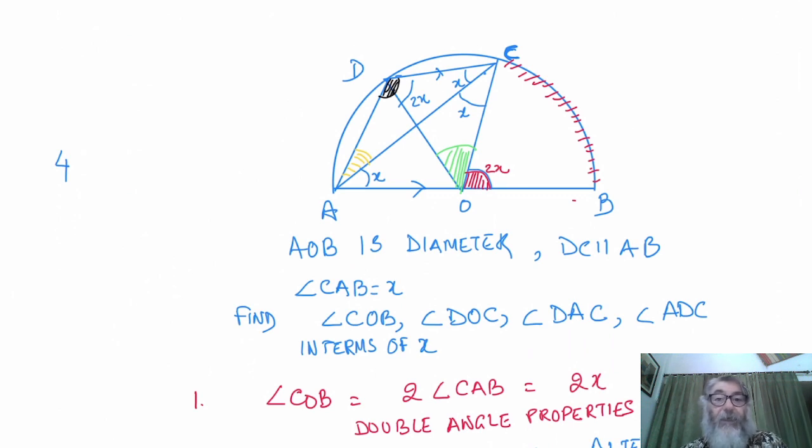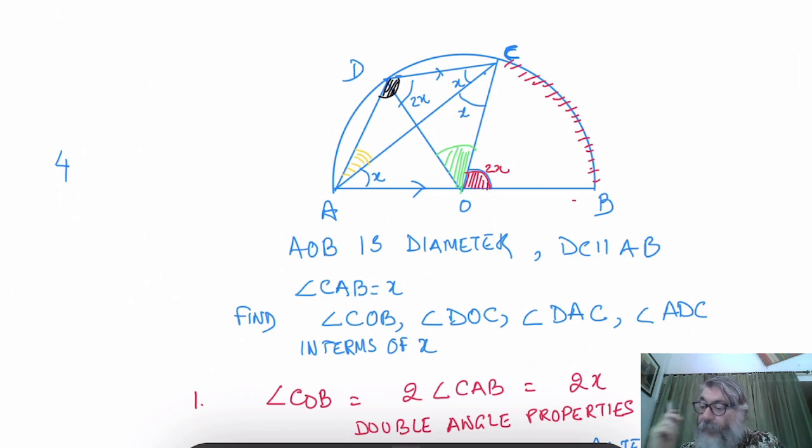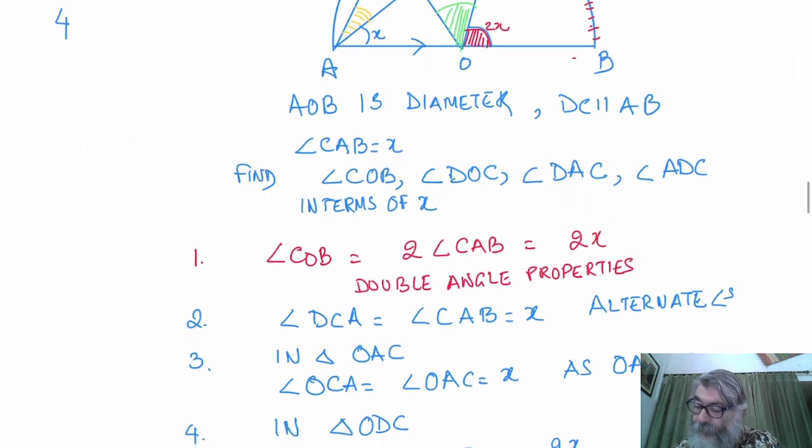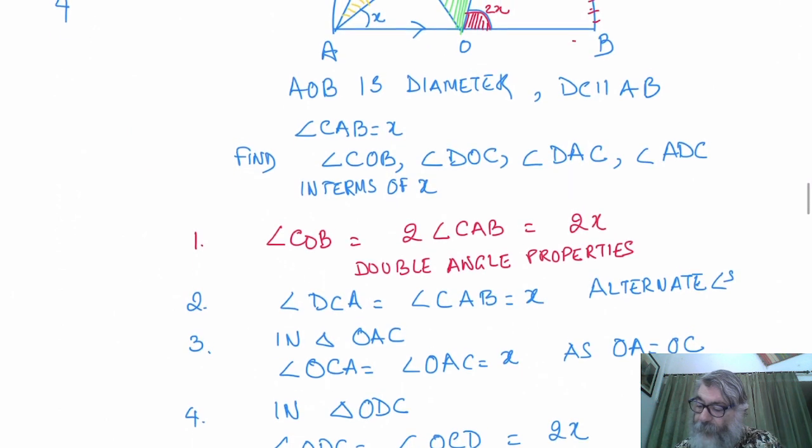Now I will calculate the green angle DOC. Angle DOC will be 180 minus 2x plus 2x, that is 180 minus 4x.